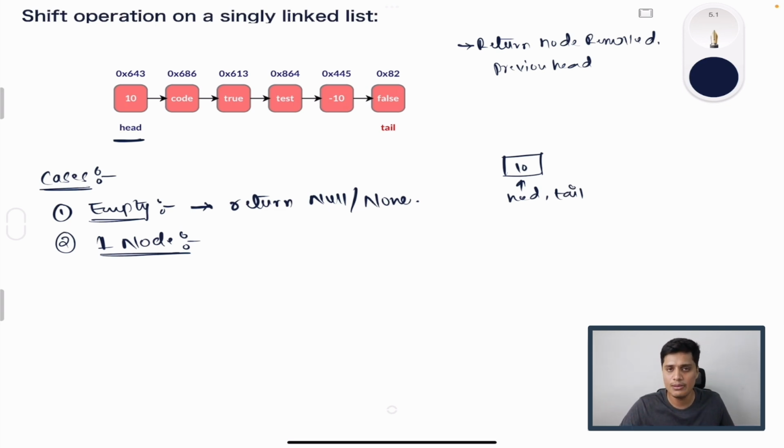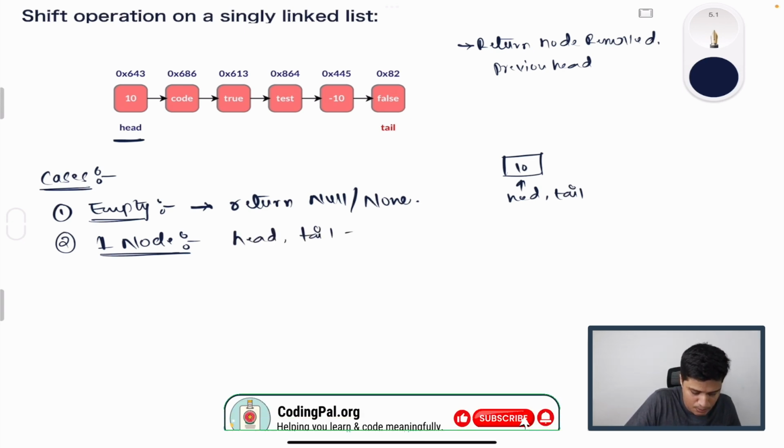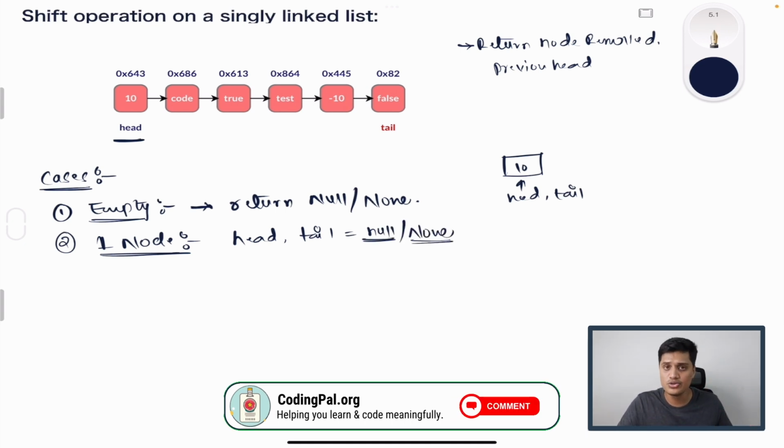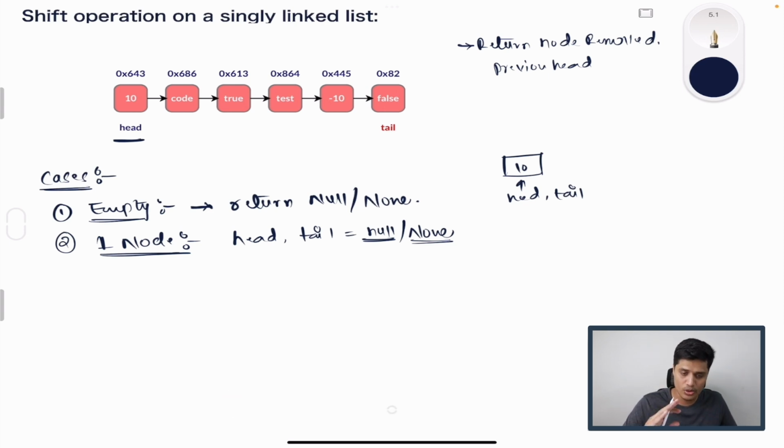To represent an empty singly linked list, we will assign head and tail both with null or None. If we have only one node, update head and tail both with null or None, and None is for the people using Python for implementation. That is something we have to remember.